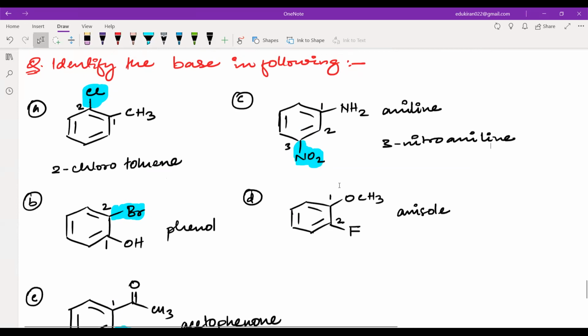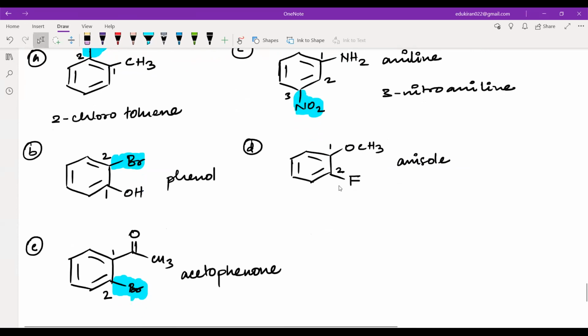So can you complete the nomenclature for the rest of these three, B, D, and E?